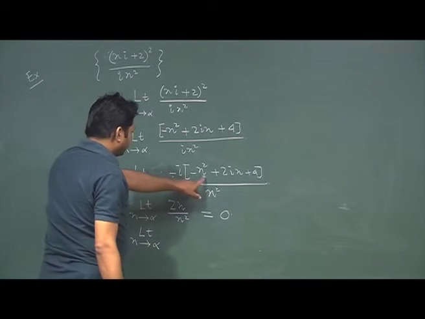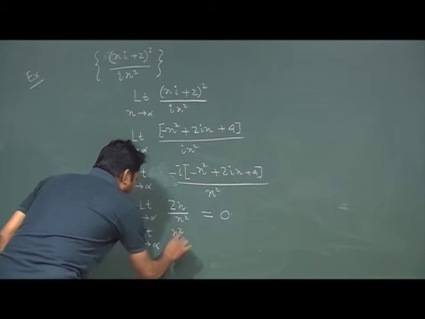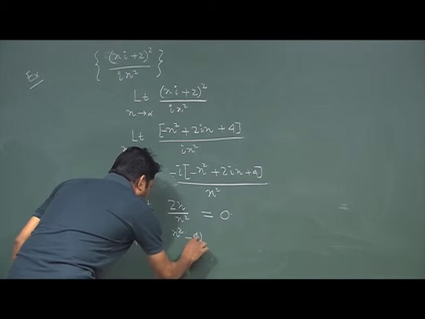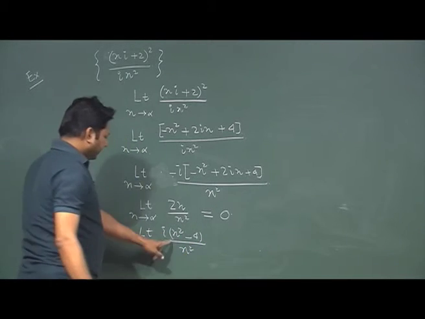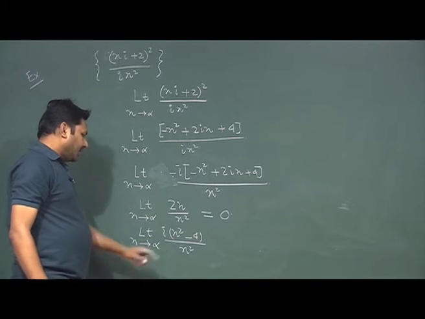What will be the imaginary part of this quantity? The imaginary part is this one, n square minus 4 with I, divided by n square. Now if I take n square common and put n tends to infinity, this term will not be there, only I will remain.